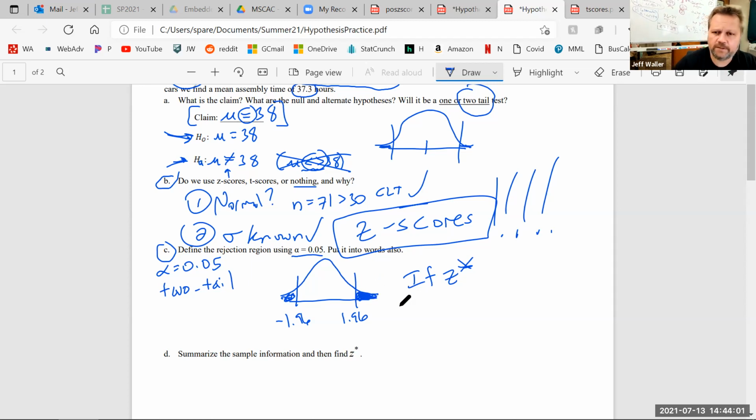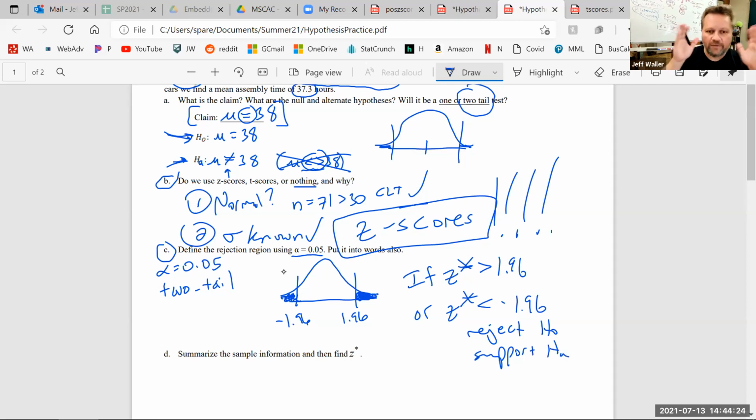Greater than, yes. And if my Z star is how related to negative 1.96? Less than, there you go. Then we can reject the null, support the Ha.